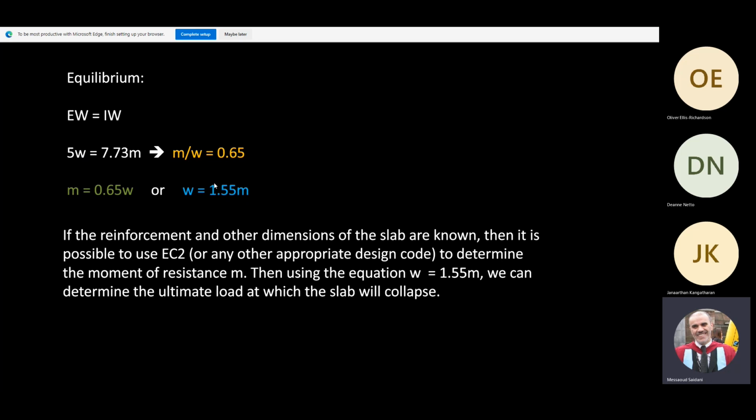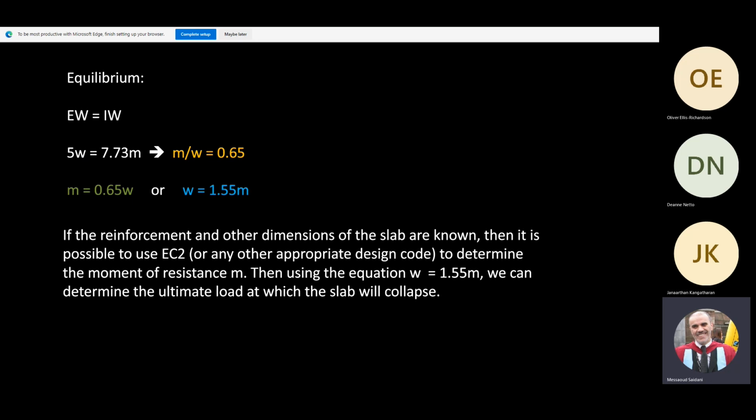Depending on the nature of the questions that you get, whether you have been given the moment from the code, so you know M, and then you can determine the collapse load, or you have tested your slab in the lab, and you know the collapse load. In that case, you use this equation, and then you get your M straight away, because you know W. Or if you don't know either, you can give the ratio M over W is 0.65.